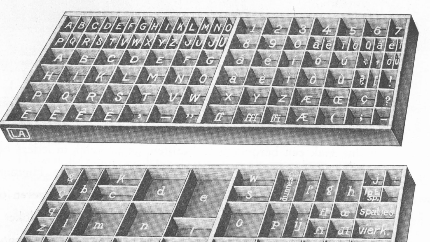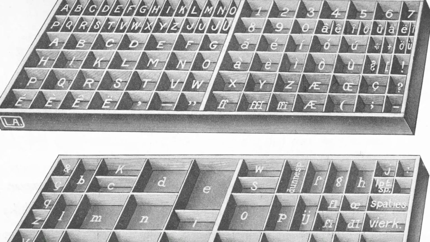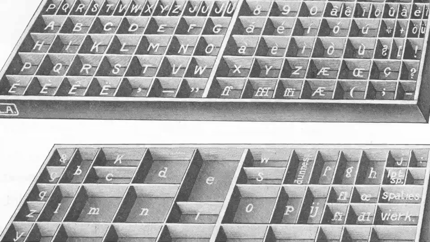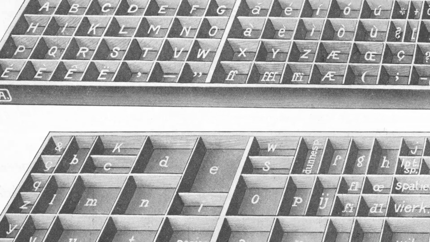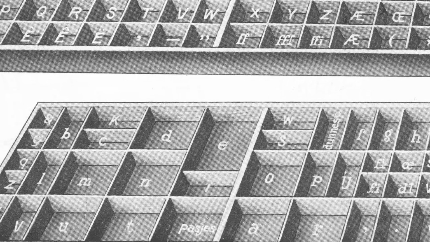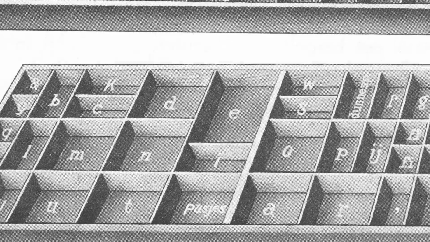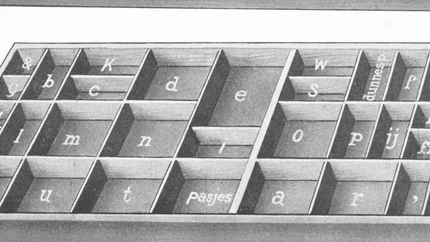The lower case organized the most commonly used letters into the largest compartments in the central area of the case. Note the large space allowed for the lowercase e. The double case format allowed space for accented characters, as well as ligatures, for example, the conjoined FI, and diphthongs, or the conjoined AE or OE.